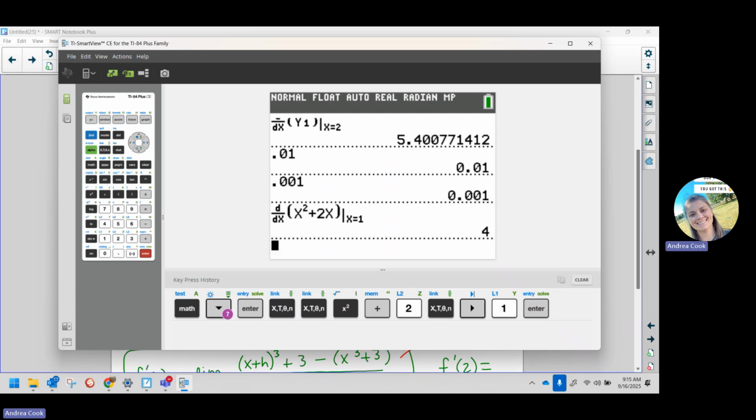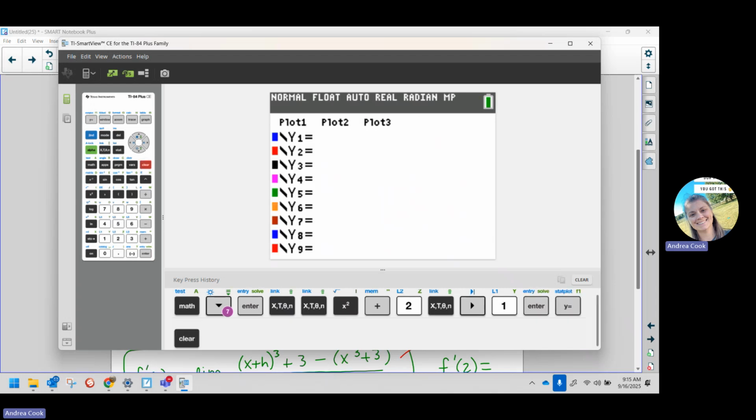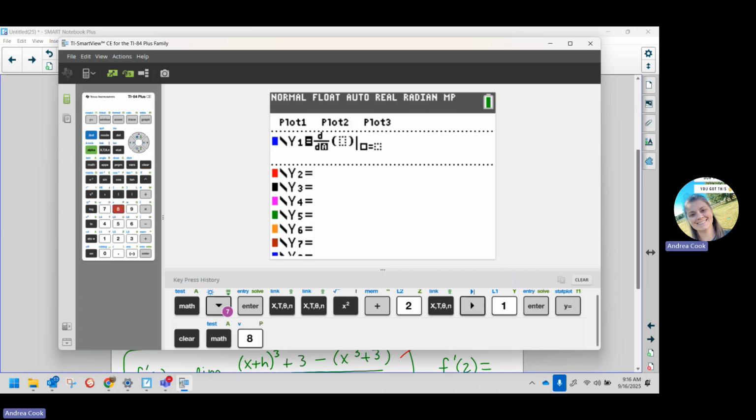The second way, what you can do is you can go to y equals, and you can graph an equation of the derivative. So again, I go to math, I choose number 8, I put in an x, I put my function, which was x squared plus 2x.